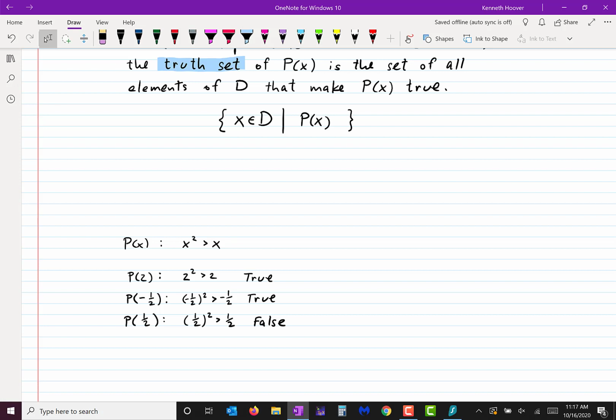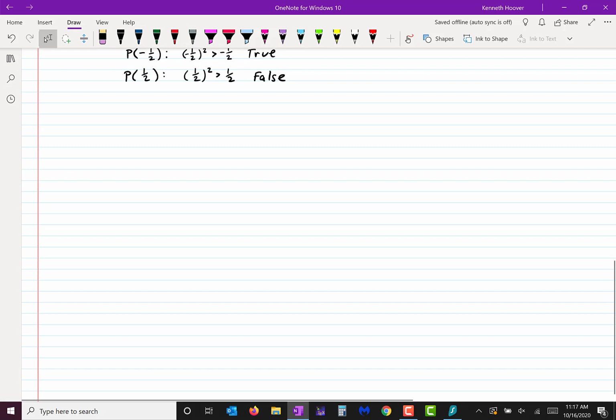So here's some examples. It says, let Q of n be the predicate n is a factor of 8. So Q of n is the predicate n is a factor of 8. It says, find the truth set if the domain of n is the set of all integers.